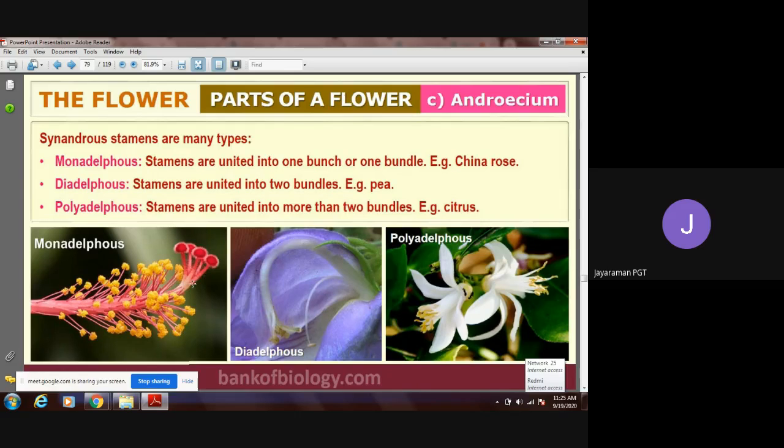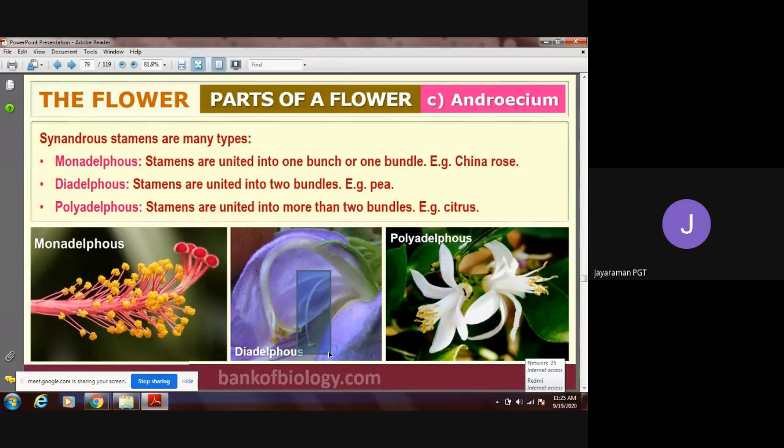Next, diadelphous. In the pea flower, there are 10 stamens. You will get it in the papilionaceous flower, bean or pea varieties. If you have them in the garden, you can just go and check. One stamen is always free. I mark it now. This is a free stamen.